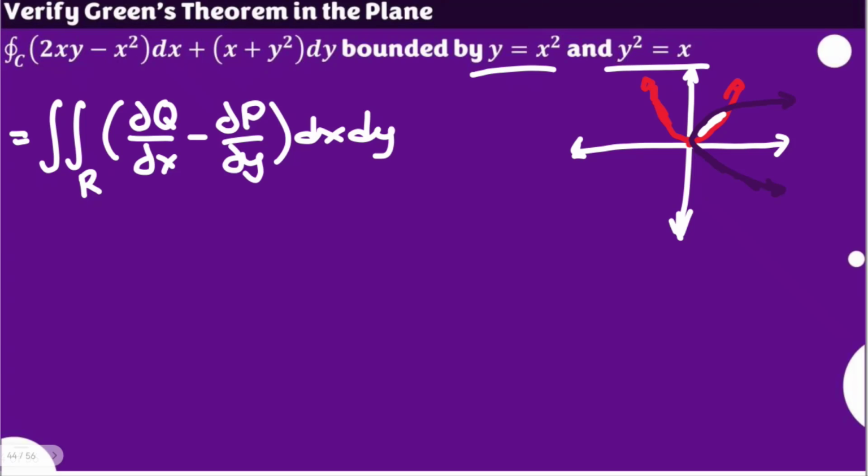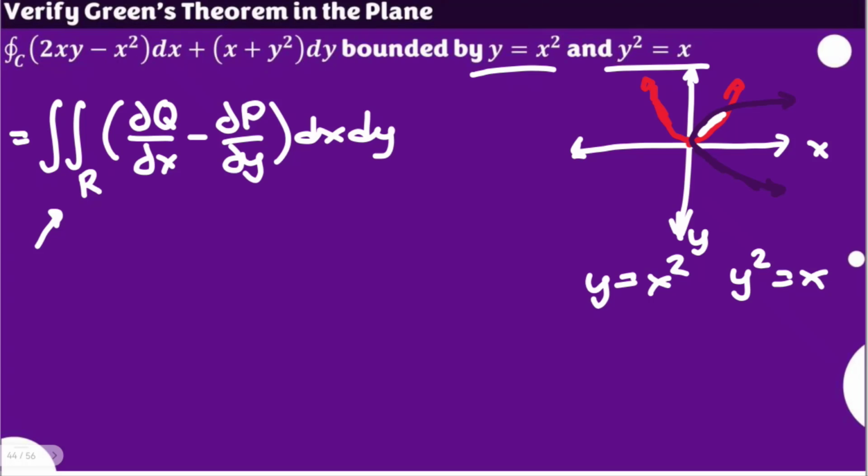So we need to identify the boundary for your x and for your y, and therefore the limits for each integral sign. To identify that, of course, we can use a system of equations. We have y is equal to x squared, and y squared is equal to x.